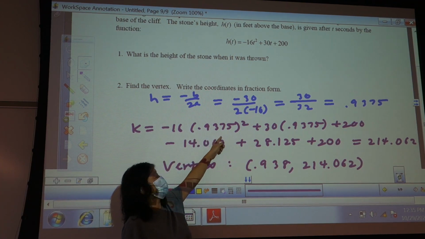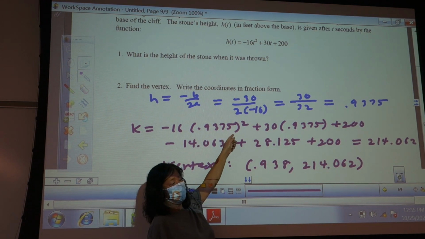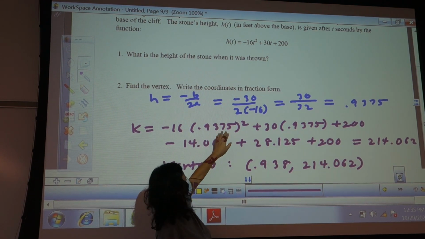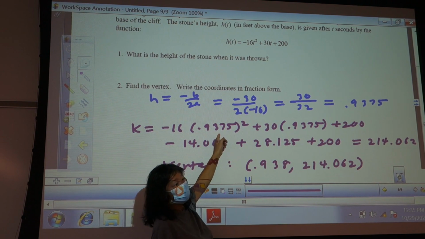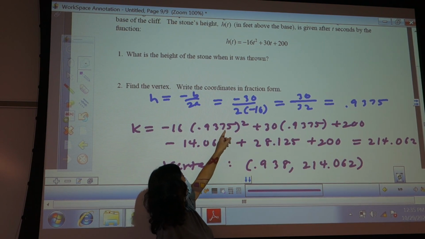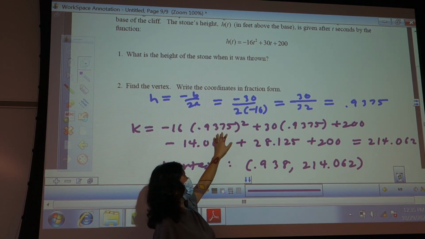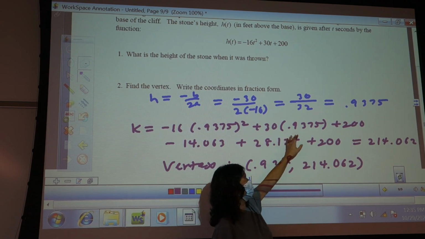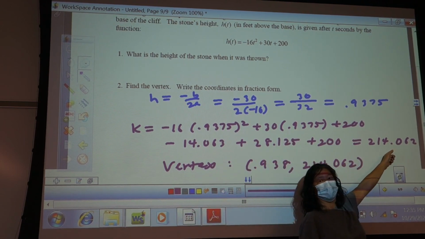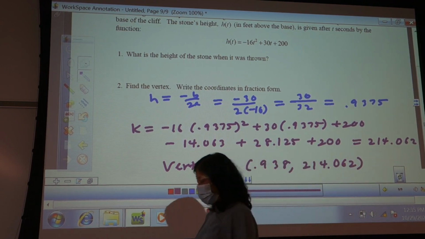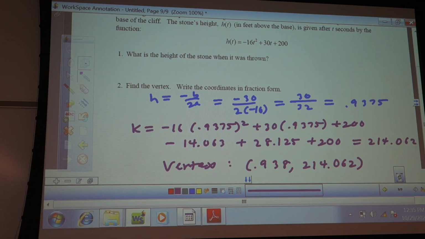Try to give yourself more decimal places on the squaring part, because otherwise this is going to be off a bit. If I rounded it to 0.94, it'd be off quite a bit. And if we rounded it to even 0.938, it's going to be off a little bit. So I would say don't round here until you get to your final answer.